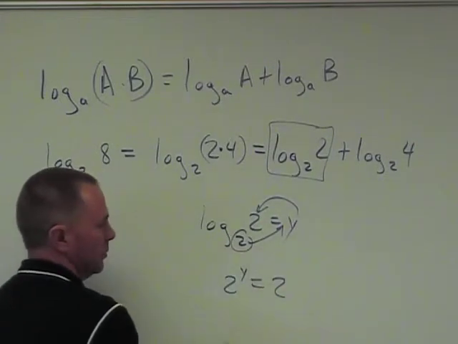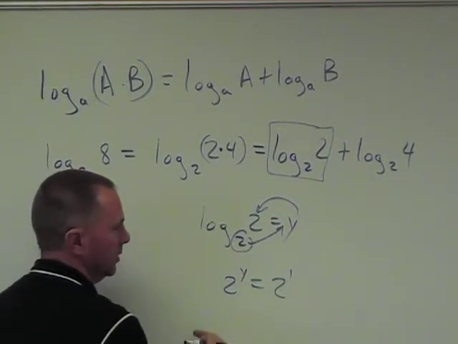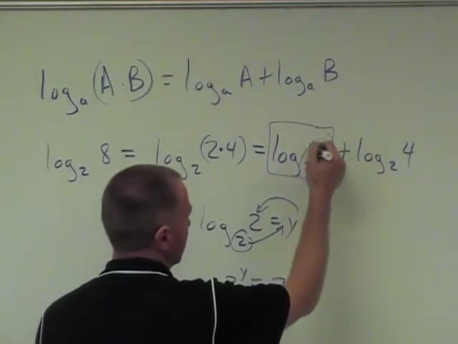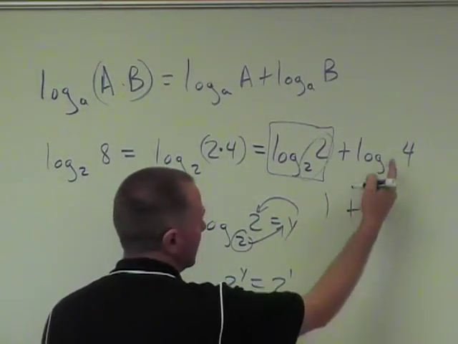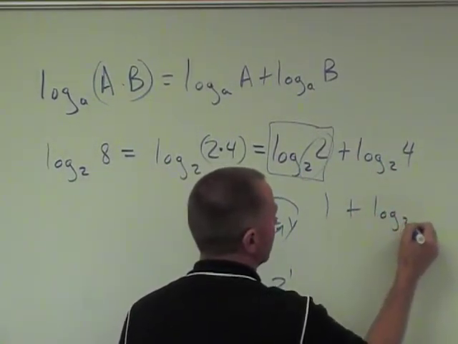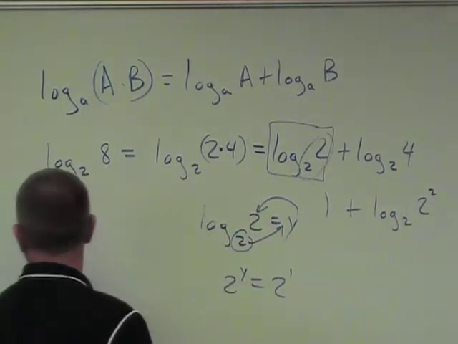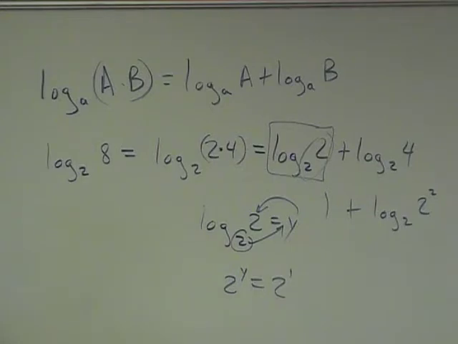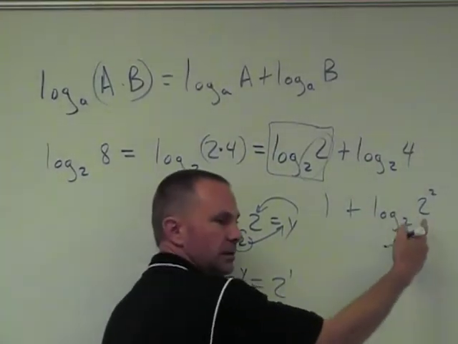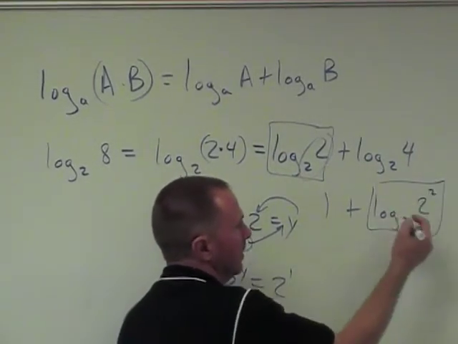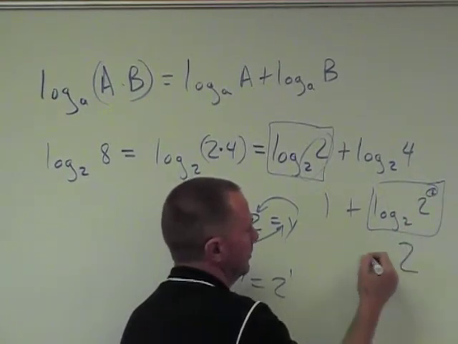So what does y have to be? y has to be 1. So anytime you have the base and the argument being the same, that's 1. Here, last week you were taught that you need to make these two the same, so that 4 is the same as 2 squared. So what is that answer? 2.